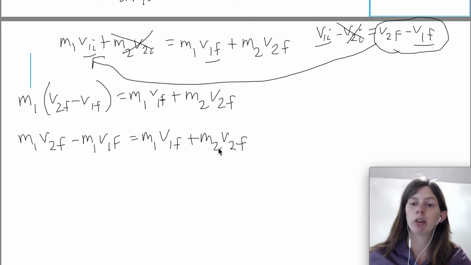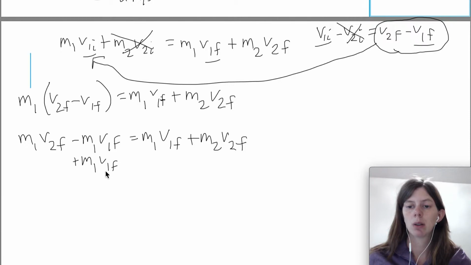So you get the terms that have V1F on one side, the terms that don't have V1F on the other side. So we're going to add M1 V1F to both sides. That's going to get rid of it over here. And then we're going to subtract M2 V2F from both sides.